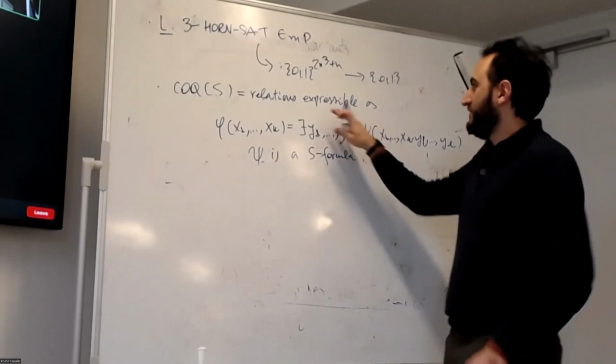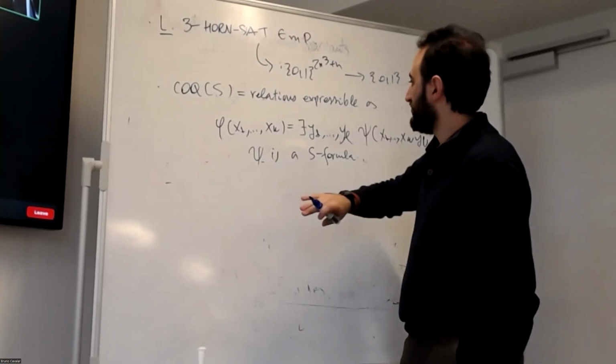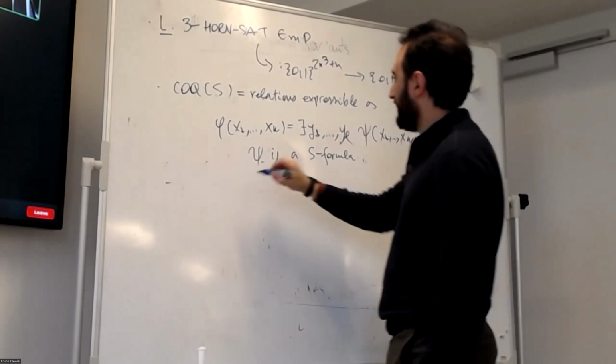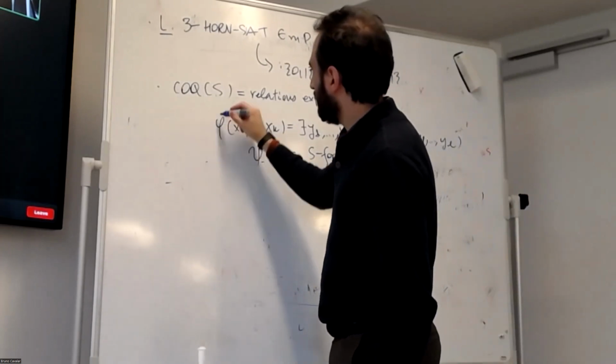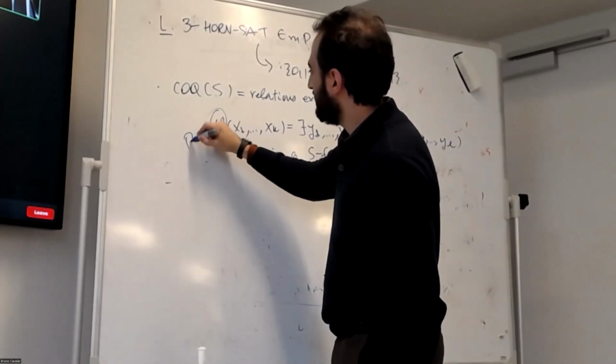So these are a relation. And the relation is over x1 up to xk. Okay, this is the relation.